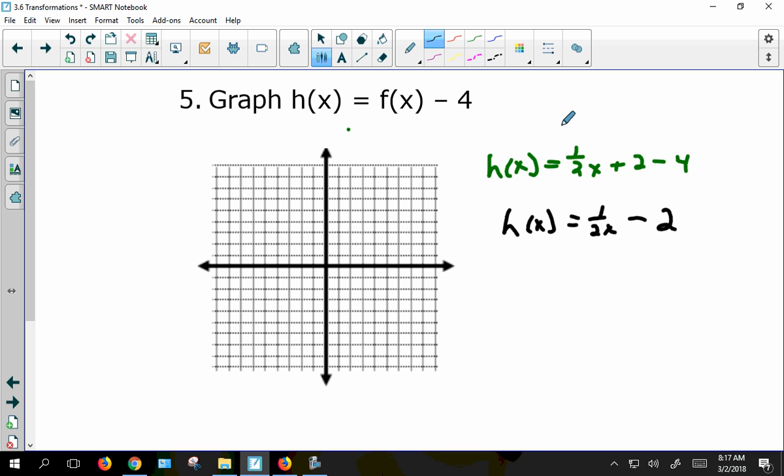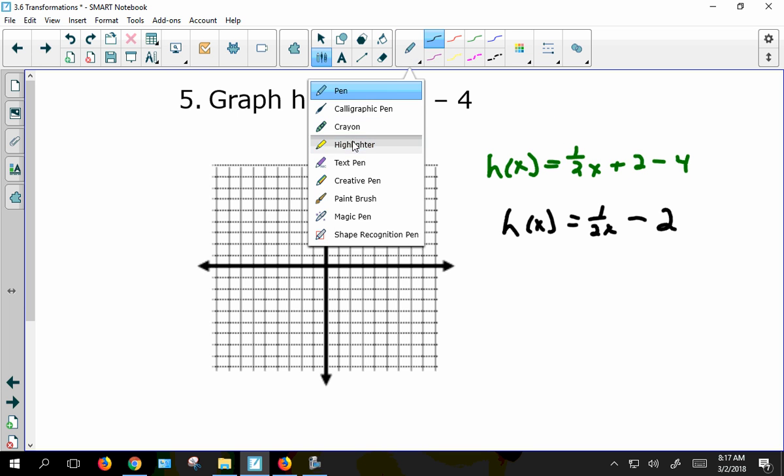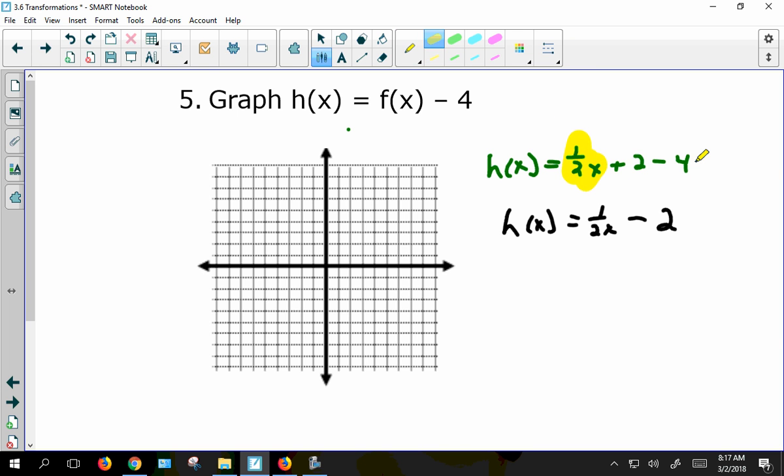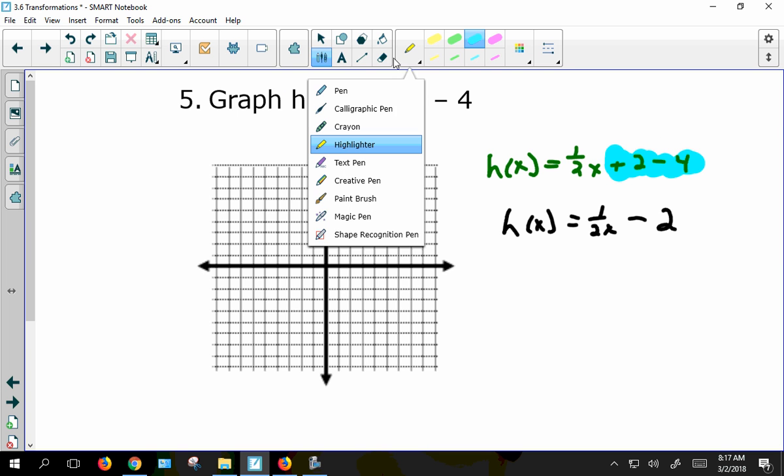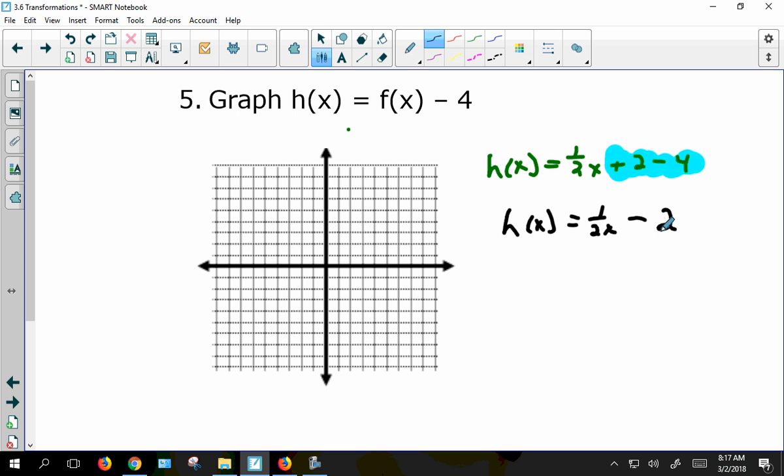See, I cannot combine 1/2 x with -4. How come I can't add 1/2 x minus 4? Because they don't both have the x. So the only thing I can combine is +2 minus 4, which is -2.